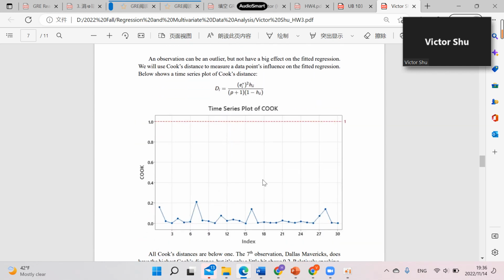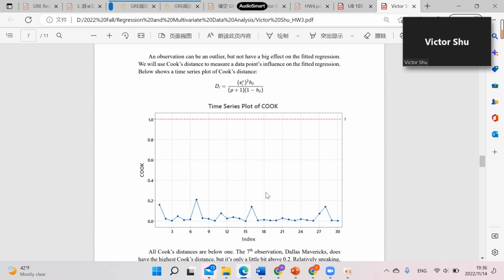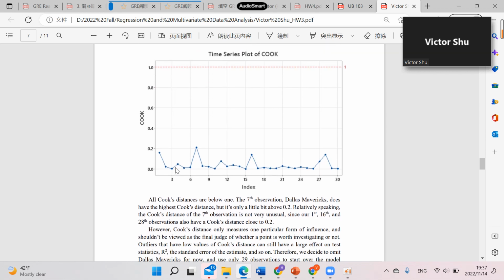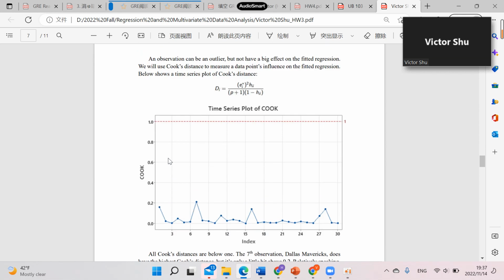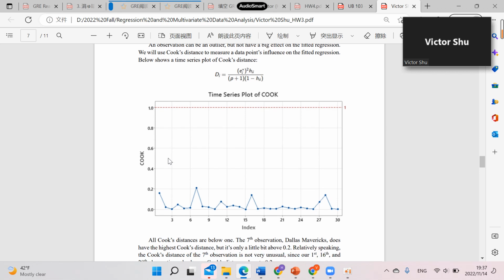For the Cook's distance, I can do the same thing. I plot a time series plot with Cook's distance on the y-axis and observation order on the x-axis, and the hypothesis test is basically if all of my Cook's distances are less than 1, then it means I do not have an influential point.